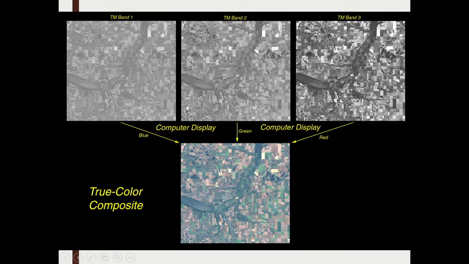Of course, this is the Landsat 5 data. Band 1 blue, band 2 green, band 3 red. When you combine them into the visual image display with their proper color channels, it will give you a true color composite that you're familiar with.